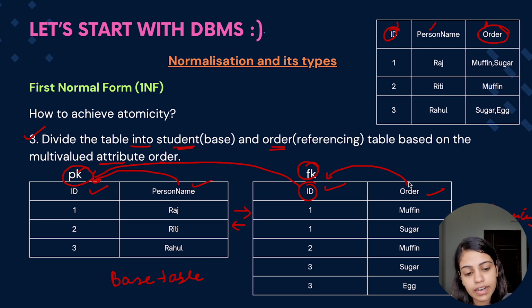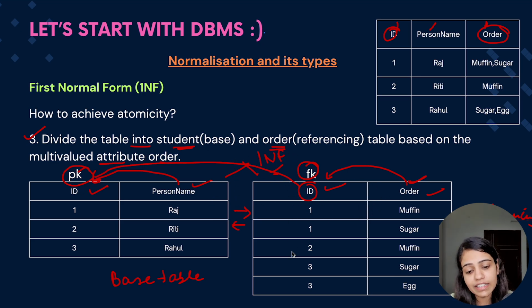Now here you can say that order is now having only single values. It is having all the IDs corresponding to the given order, and this table has now been converted into first normal form. So this was the last approach which we can follow, and this is kind of the best approach because we divide the table and the data redundancy is also less.